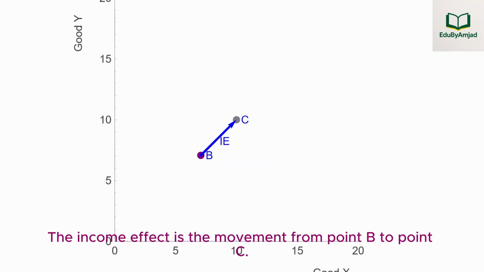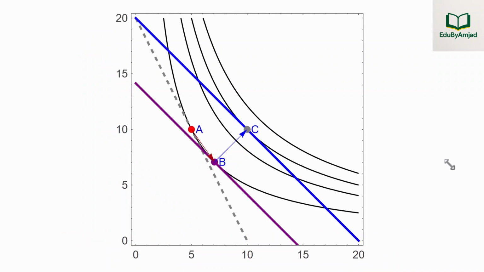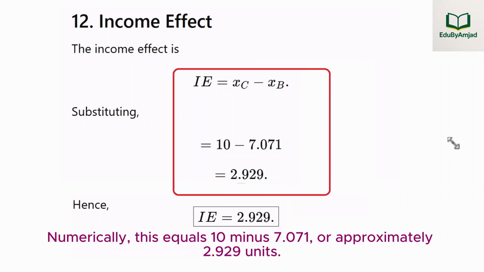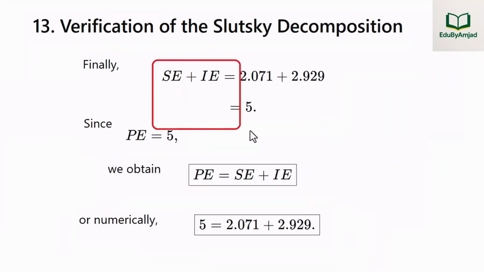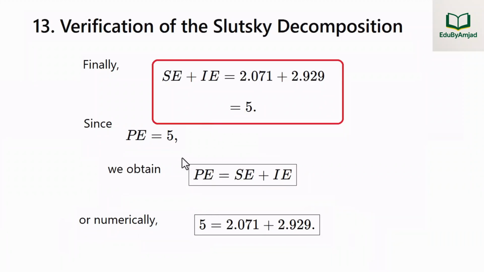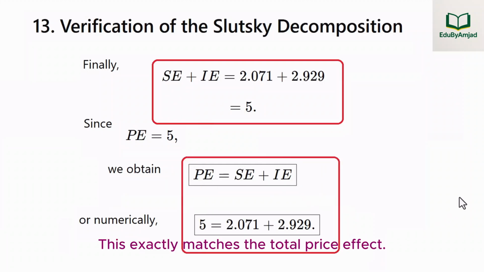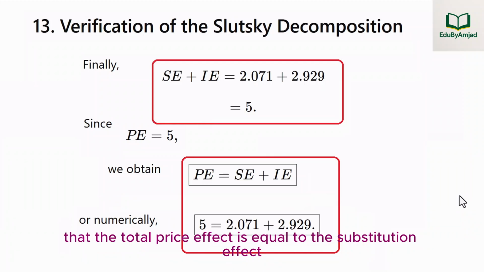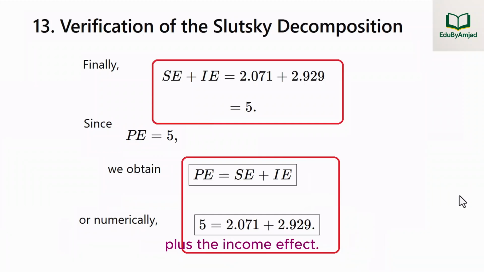The income effect is the movement from point B to point C. Numerically, this equals 10 minus 7.071, or approximately 2.929 units. Adding the substitution effect and the income effect gives 2.071 plus 2.929, which equals 5. This exactly matches the total price effect. Therefore, we have verified both graphically and numerically that the total price effect is equal to the substitution effect plus the income effect.